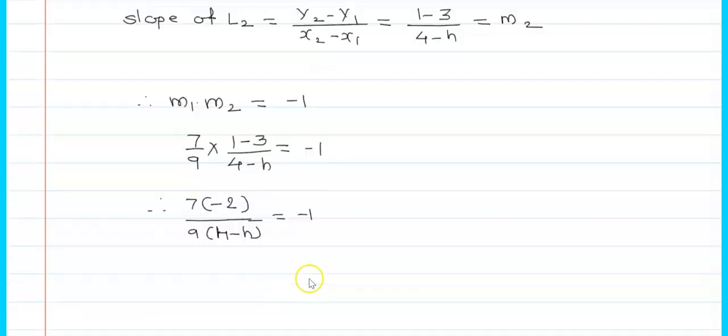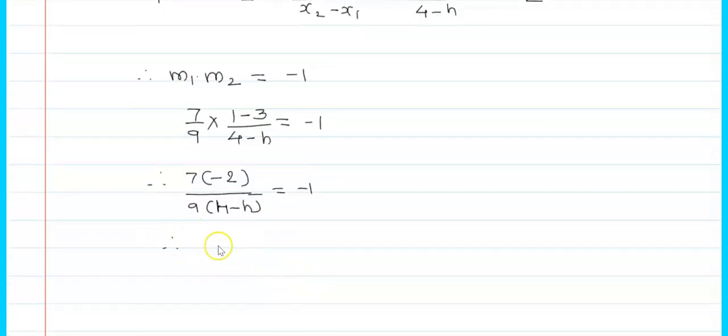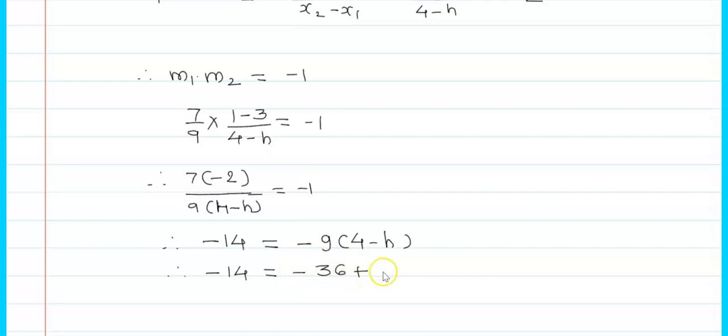After the simplification, here you will get minus 14 is equal to minus 9 in bracket 4 minus h. Therefore minus 14 is equal to minus 36, and this minus and minus will become plus 9h.